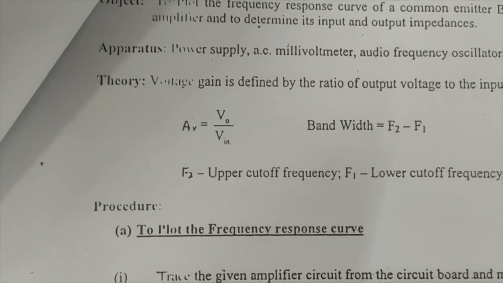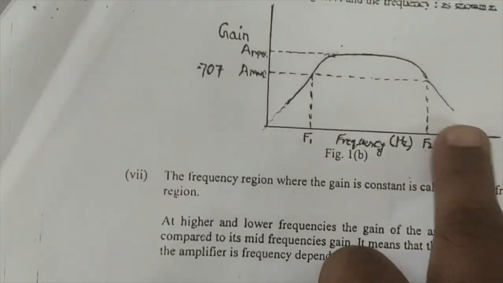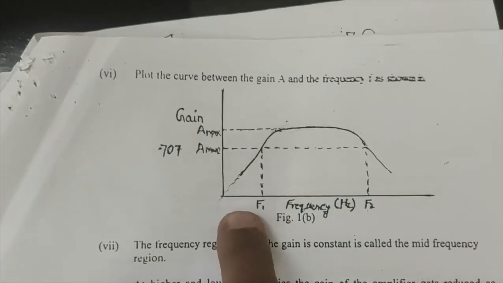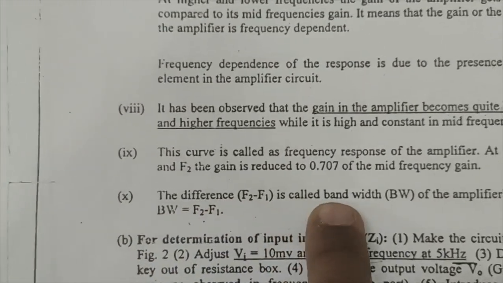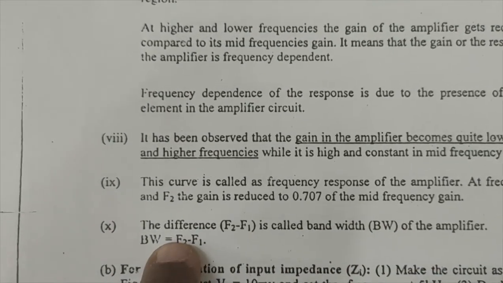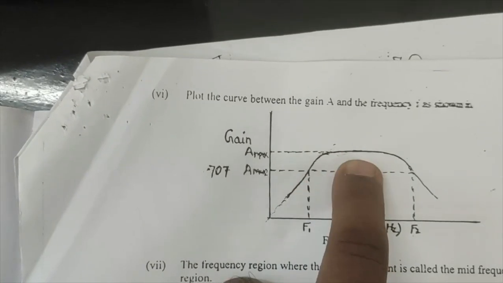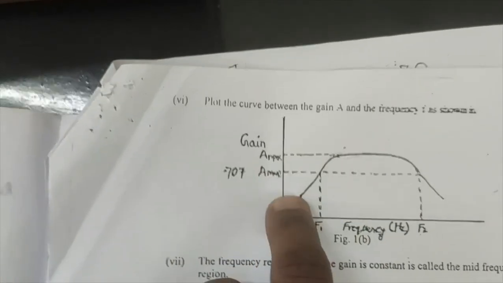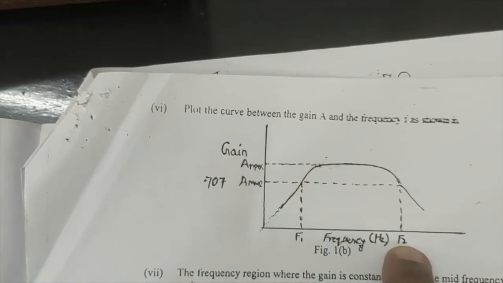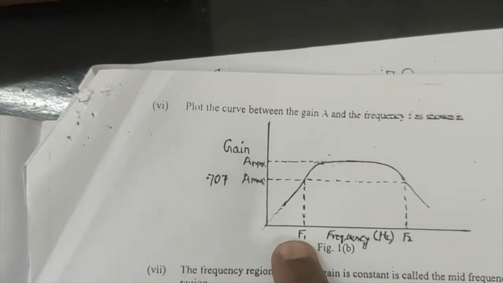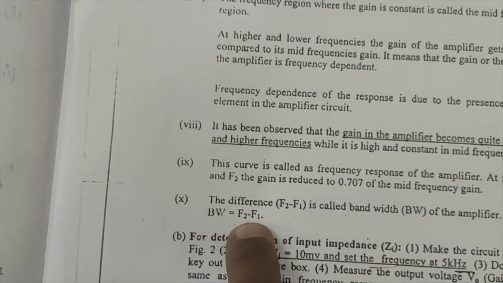F2 is the upper cutoff frequency and F1 is the lower cutoff frequency, and this difference F2 minus F1 is called the bandwidth of the amplifier. So by reducing the maximum gain of the circuit to 70%, and seeing where it cuts the upper and lower frequency ranges, the difference will give you the bandwidth of the circuit.